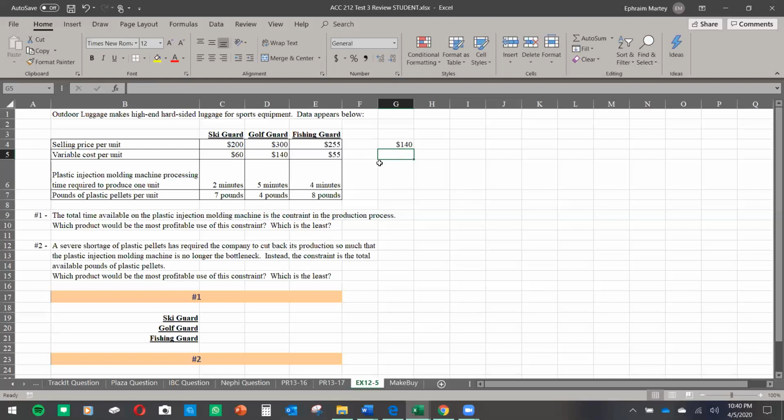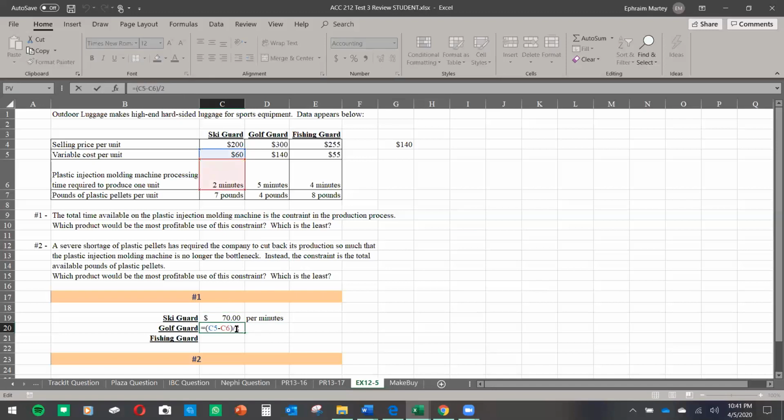So we have our contribution margin, minus 60, but it will take us 2 minutes. So we will make $70 per minute according to the constraint. Let's move on to the next one.